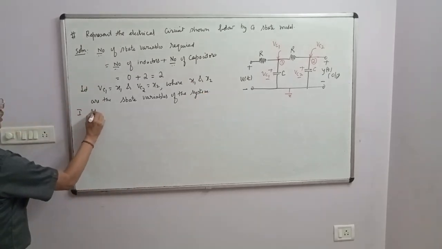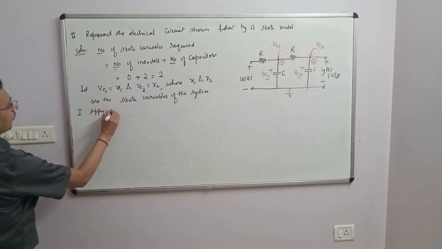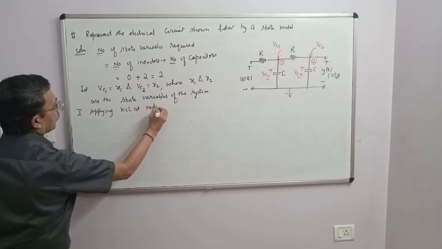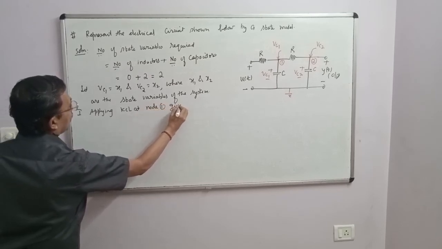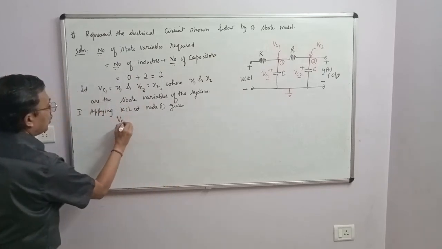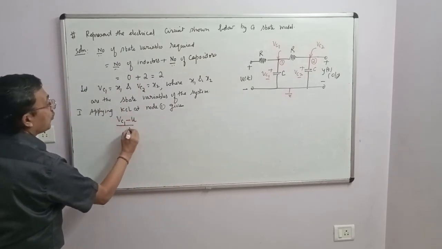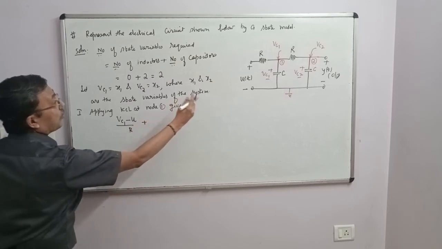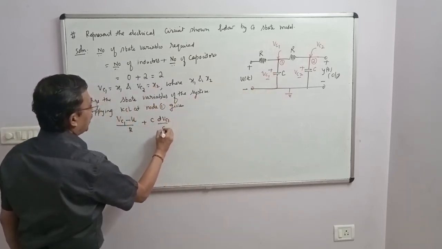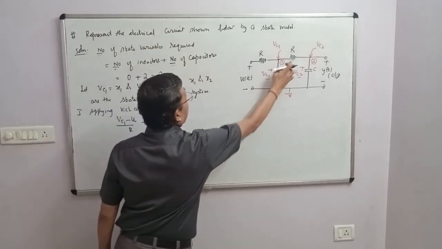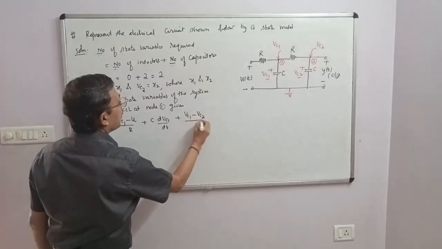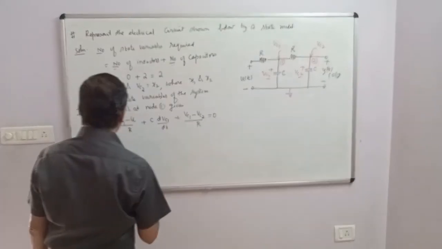Step 1. Applying KCL at node 1 gives current through this R is VC1 minus U divided by R. Current through this capacitor is C into dVC1 by dt. Current through this resistor is VC1 minus VC2 divided by R, equal to 0.